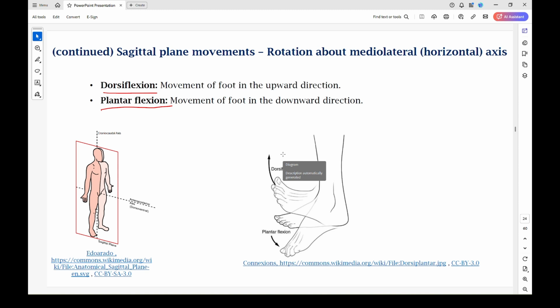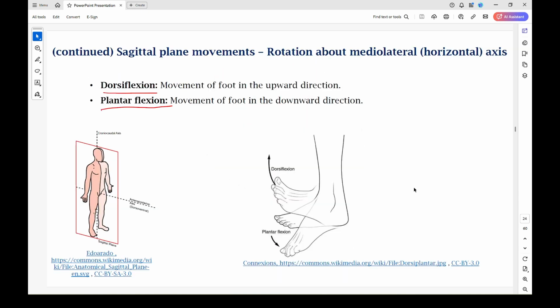Two of the exceptions in this case are dorsiflexion and plantar flexion, which are specific foot movements. Dorsiflexion means movement of the foot in the upward direction towards the calf, whereas plantar flexion means the movement of the foot in the downward direction.